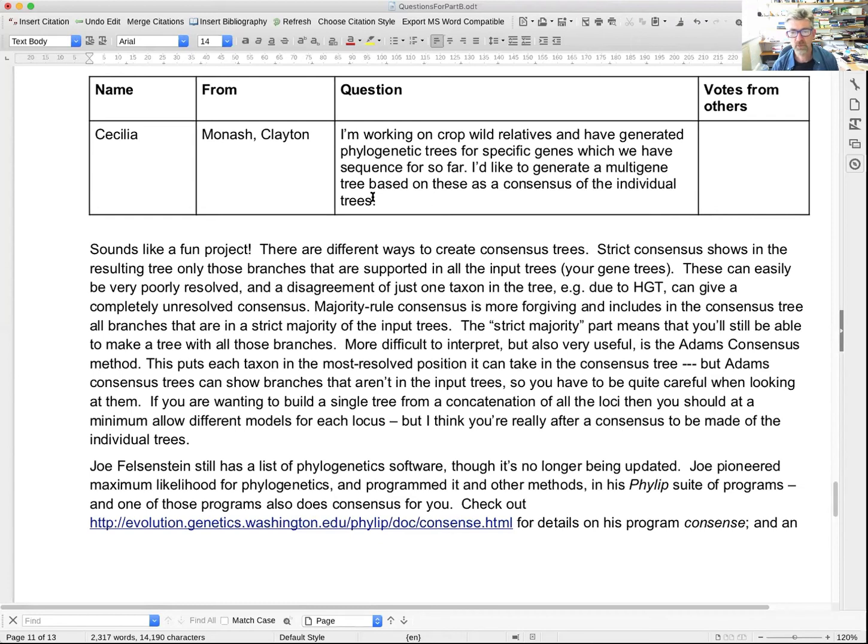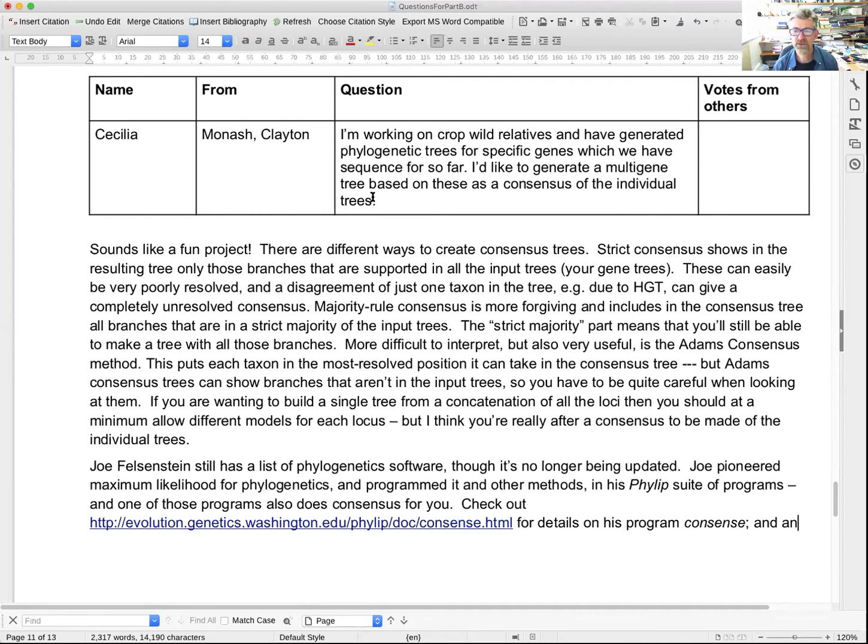But that's not what consensus methods, what we commonly call them, do. Normally in a consensus method you'll build trees individually and then create a consensus from those trees. So the trees are now input to another process. There's a few different ways to do that.